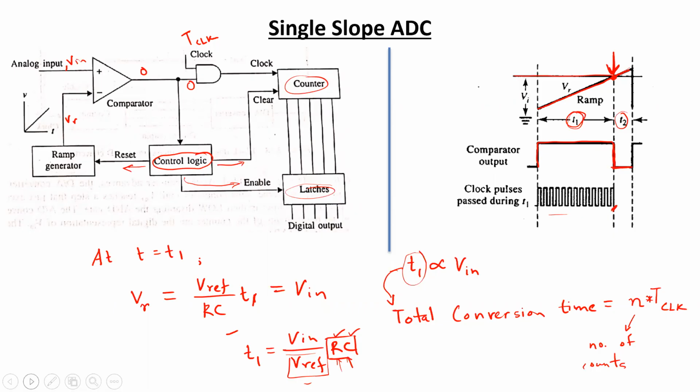But here we don't need a separate digital to analog converter, because we are not using any register that gives its output in binary form. The ramp generator itself gives you an analog signal, so you can compare that analog signal directly with the input analog signal.